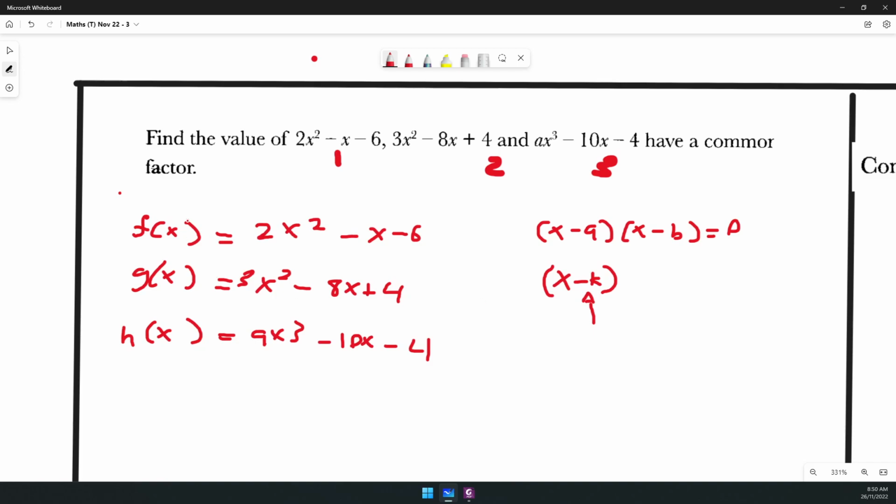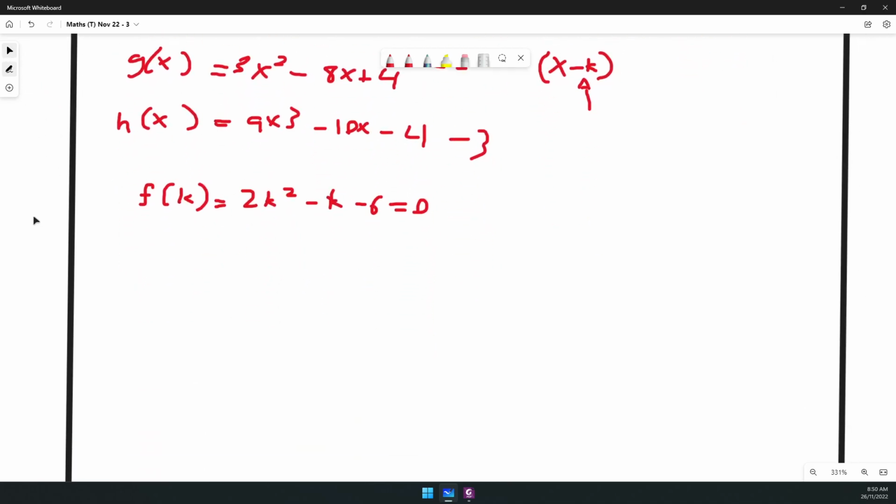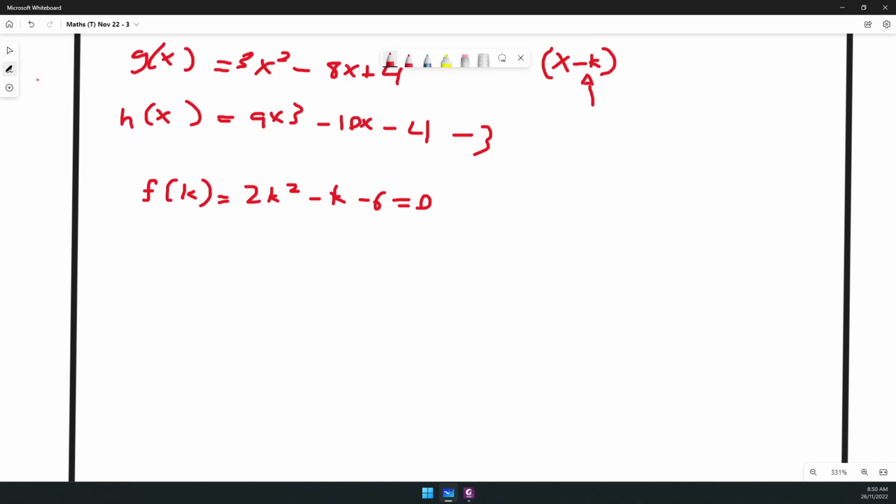So let's input a value of k for all three. f(k) equals 2k squared minus k minus 6 equals 0. Then g(k) equals 3k squared minus 8k plus 4 equals 0.